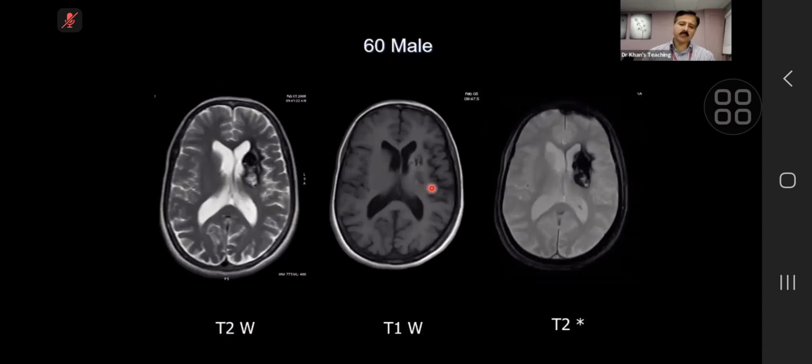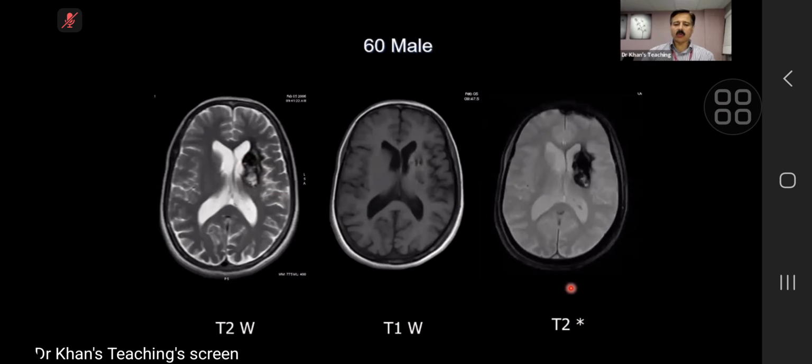You see, the thing which is confusing you is that on T1 weighted sequence, there is actually a bit of cystic cerebromalacia, which is CSF intensity. And part of it is slightly confusing. But the main point is that this is hemosiderin, which is low in signal intensity.